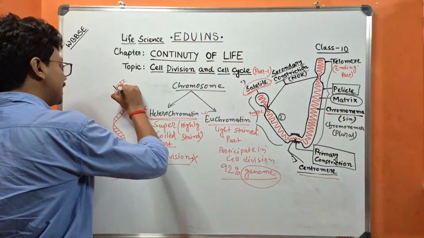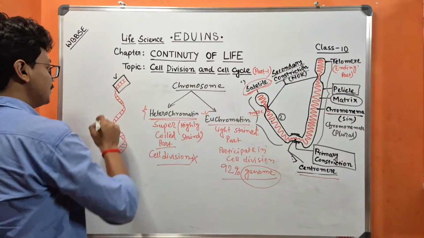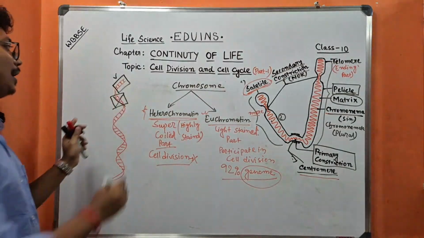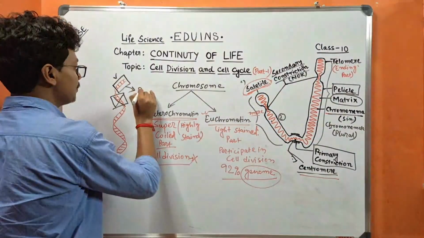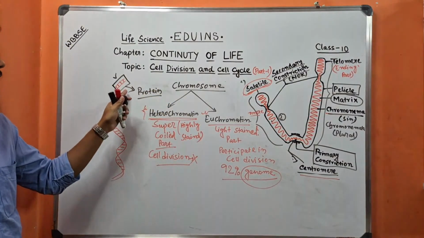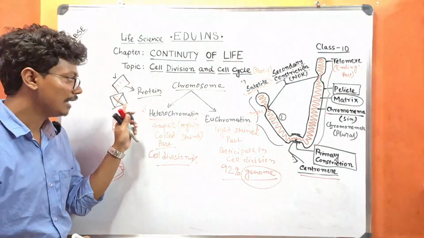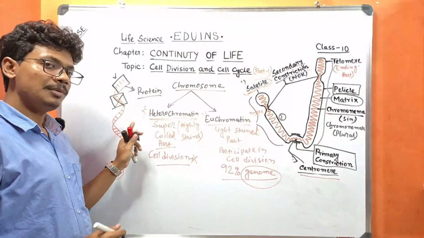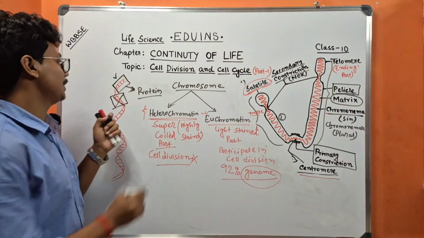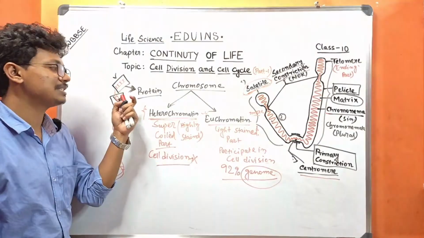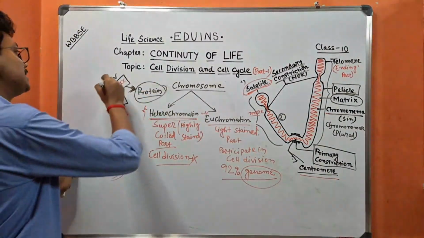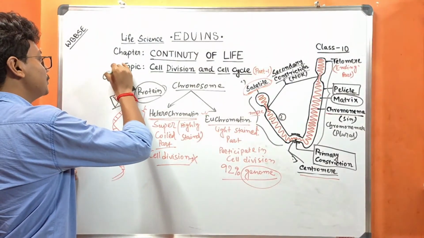A few parts like this are active, but this part is not. This active part can synthesize protein. Of course, the DNA itself cannot synthesize the protein. From the DNA it produces RNA, and this RNA can produce the protein. So this part can encode, the more appropriate term, a specific protein. This part is known as a gene.